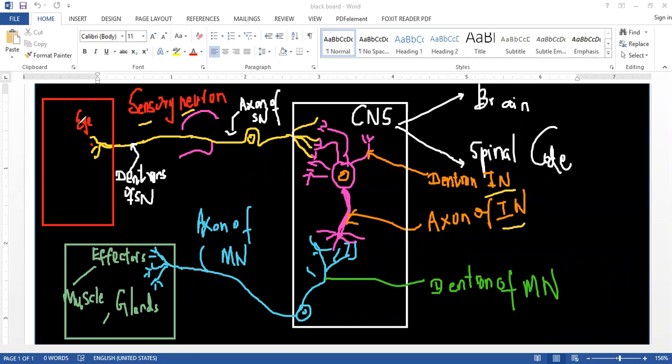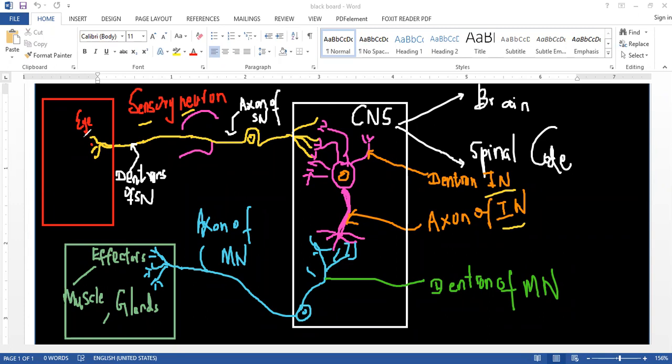For example, if it's an eye, a 2018 question: you are observing a dog barking. What is the stimulus? The stimulus is the dog. What is the sense organ? The eye.